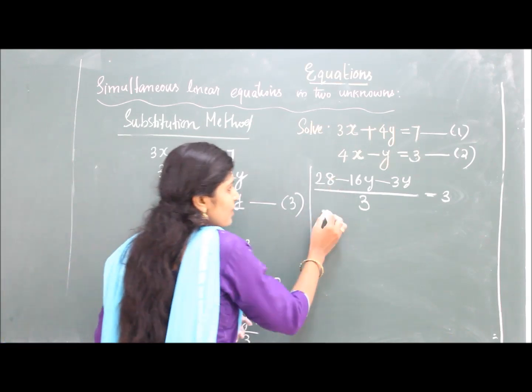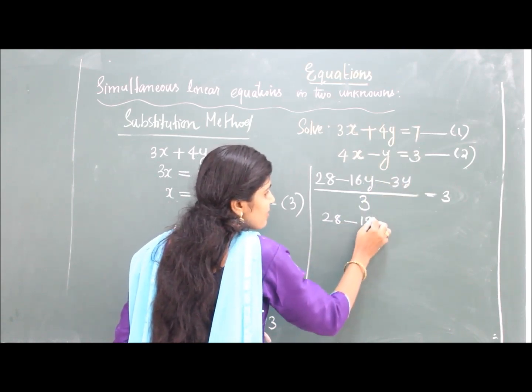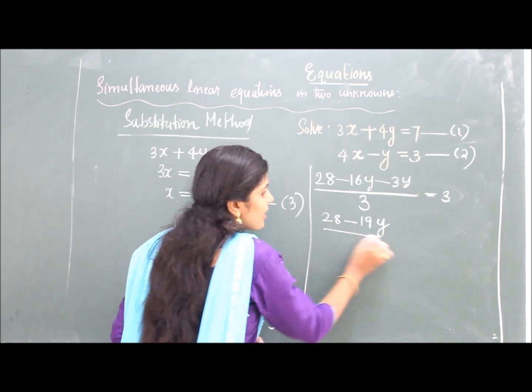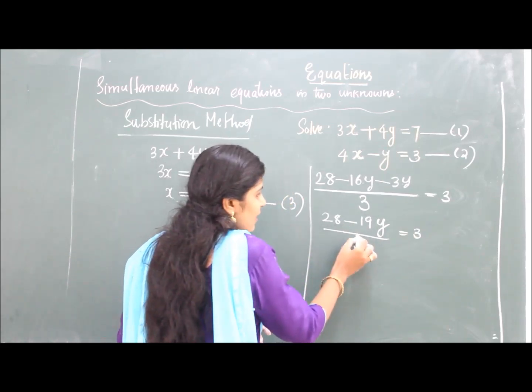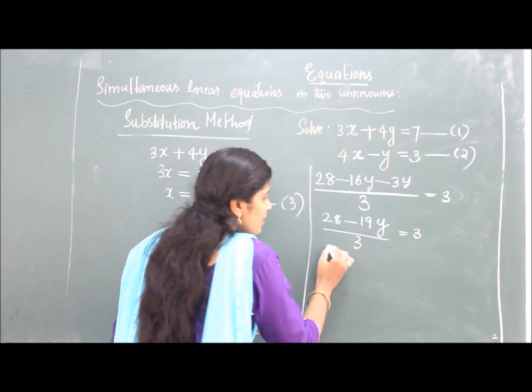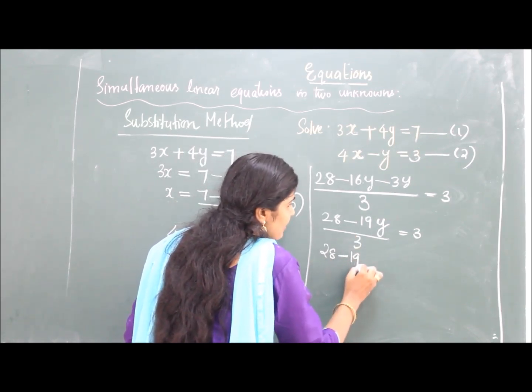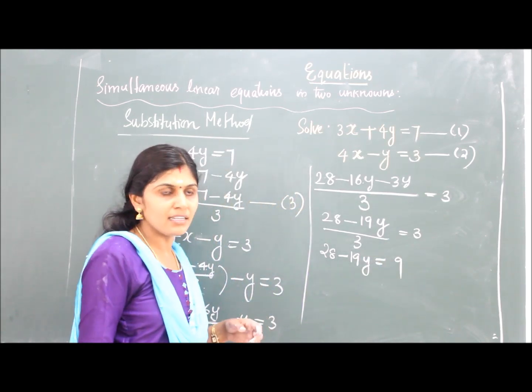Now what happens is it becomes 28 minus 16y minus 3y is minus 19y divided by 3 is equal to 3. Now I can take this by 3 to the other side, so it becomes 3 times 3. So this becomes 28 minus 19y equal to 3 times 3, which is 9.